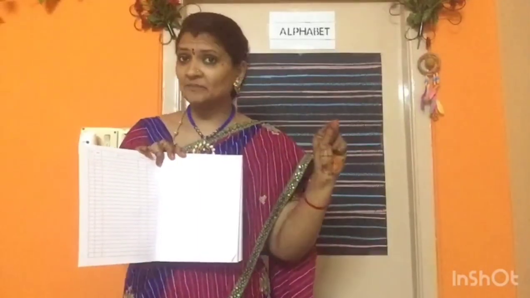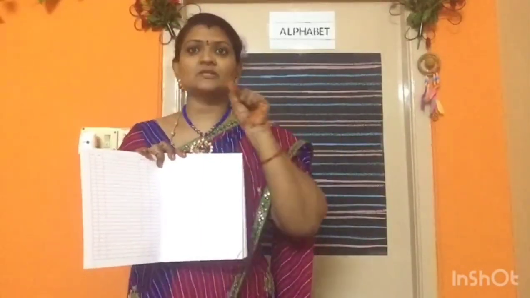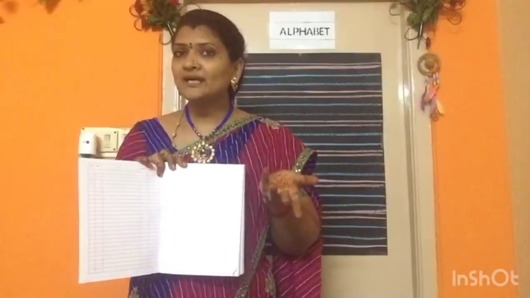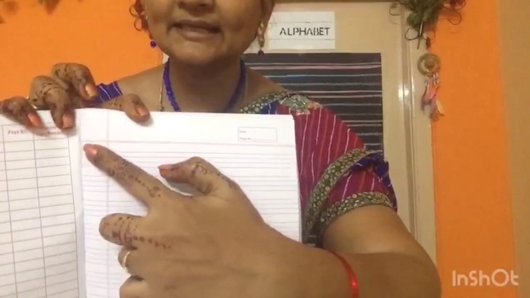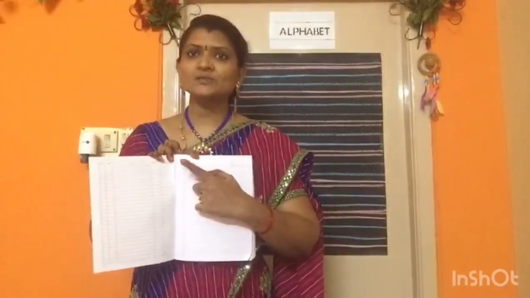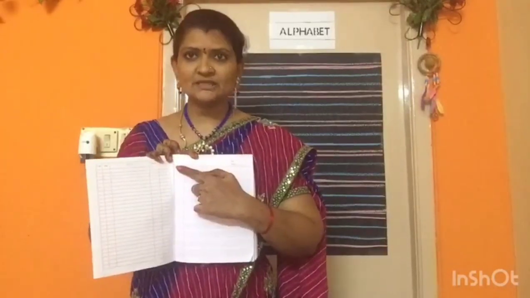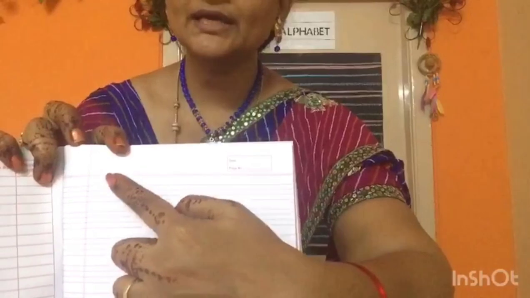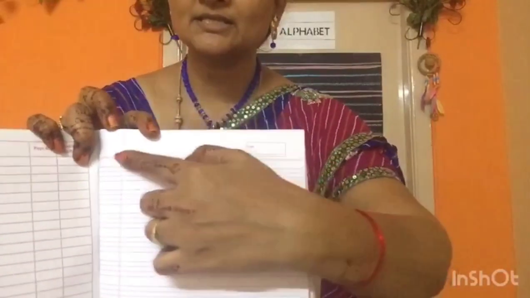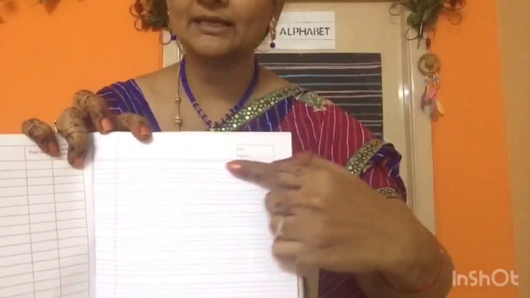Suppose August means 8th month, September is 9th month. 9, then year 2020. You have to write the date in the box. Here the parents can help the child to write the date. Okay children. Then next, whatever heading we need to write, write it here in this column touching this pink line.